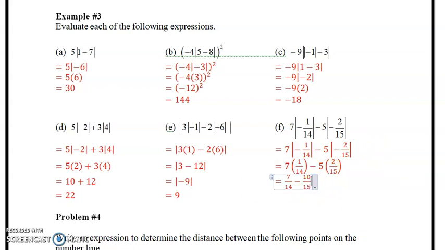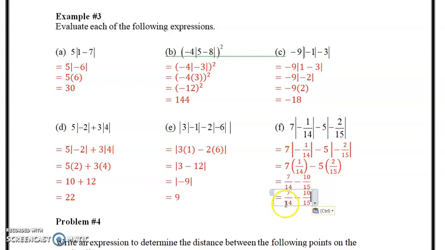And now we need a common denominator to subtract these. The common denominator would be 210, but if you notice, 7/14 is simplified to 1/2, and 10/15 can simplify both divisible by 5, simplify to 2/3, right? So then it's easier to find common denominator of 6.